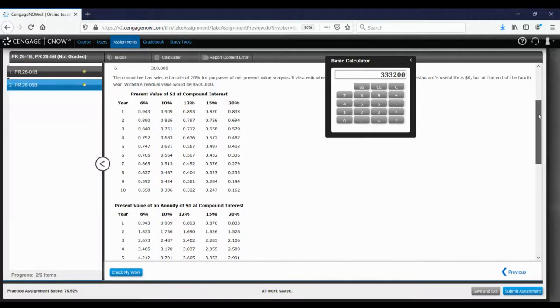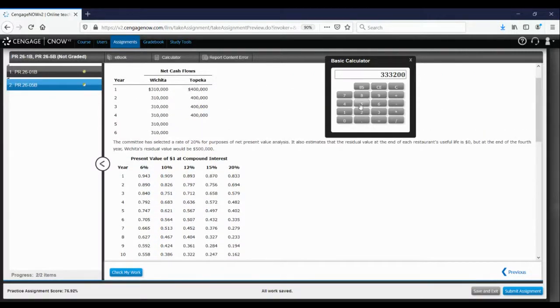In the second year, for the Topeka company, the cash flow was 400,000 again. So we'll take 400,000. We will multiply that by 0.694. And that will give you the present value of 277,600.